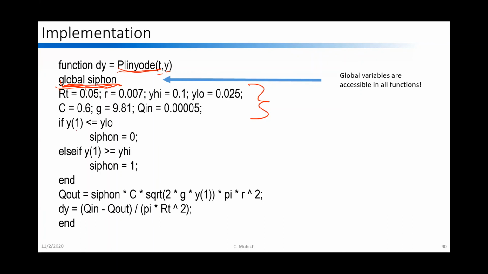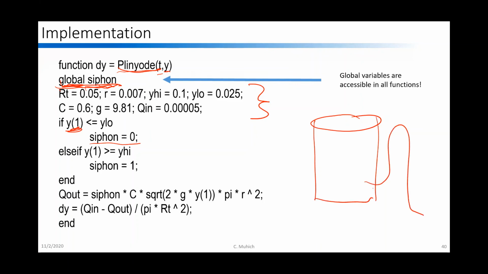So we say if my height y, which is the height getting passed in, is less than y low, turn the siphon off. In other words, if I draw out my siphon system again, if the height of the water is below y low, turn the siphon off. So siphon is going to be 0.